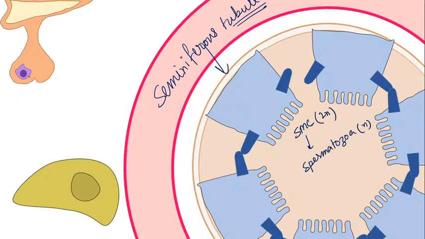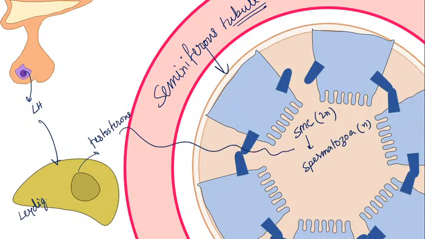And how is this happening? This is the pituitary. Pituitary is releasing LH. LH is working on Leydig cells. These are Leydig cells. They are secreting testosterone. Testosterone comes and works inside the seminiferous tubules to produce spermatozoa, right? That is the basic idea of spermatogenesis. You don't have any more details of it in your syllabus, right?